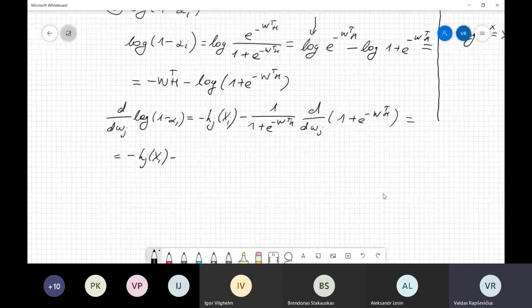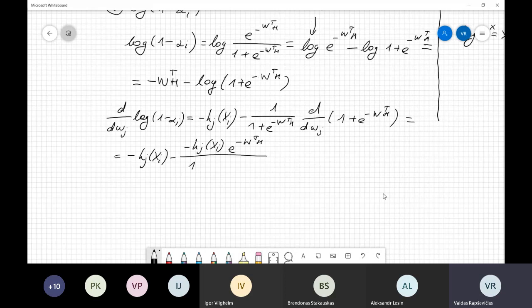So we can go there right away. This becomes minus h j x i, the feature, times e to the minus wTh, and the denominator is 1 plus e to the minus wTh.